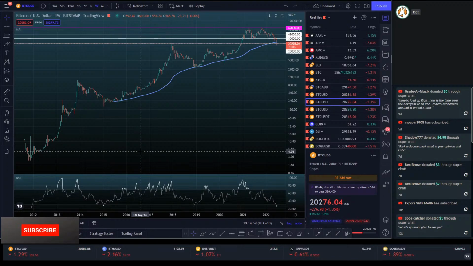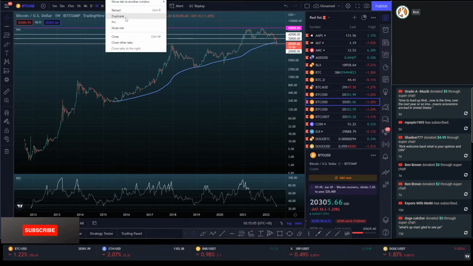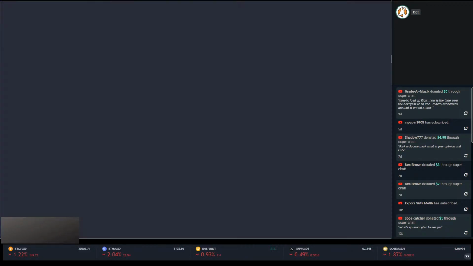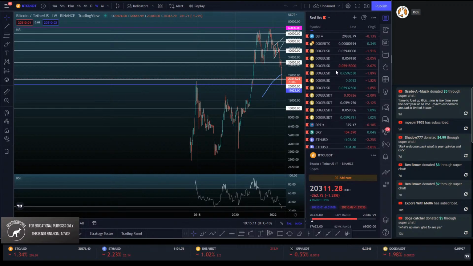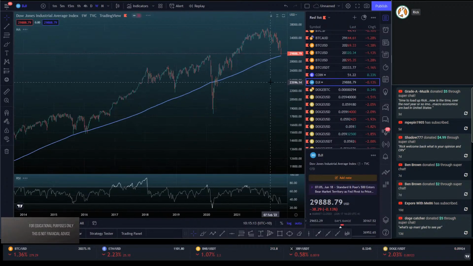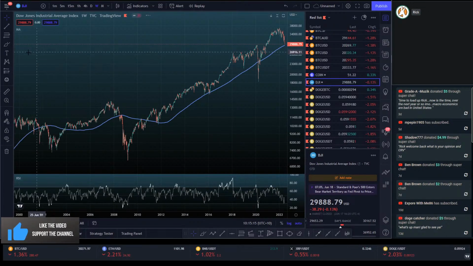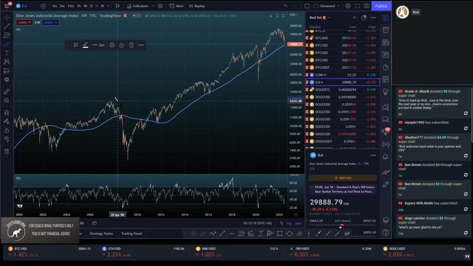So the market, if you look at the S&P 500, the Dow Jones, the Nasdaq, let's just look at the Dow Jones first. This was the 2008 GFC, just this huge crash here.